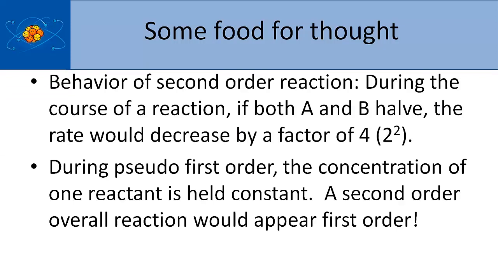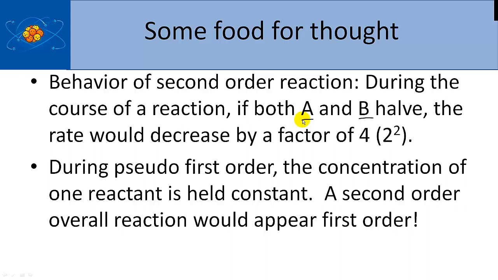Let's say I have a reaction that's second order overall. It's got two components, A and B. So think about a reaction that has A and B, and during the course of the reaction the concentrations of both of them are going down. And let's assume you start with both having the same concentration.